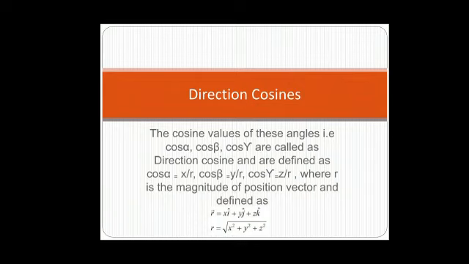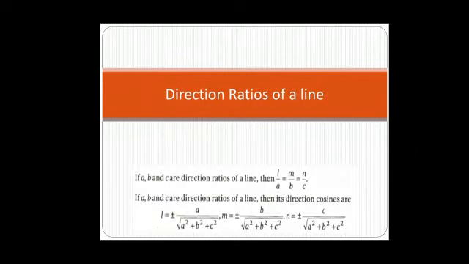The cosine values of these angles, that is cos alpha, cos beta, cos gamma, are called direction cosines and are defined as cos alpha is equal to x by r, cos beta is equal to y by r, cos gamma is equal to z by r, where r is the magnitude of the position vector and is defined as r is equal to xi plus yj plus zk, that is r is equal to under root of x square plus y square plus z square.